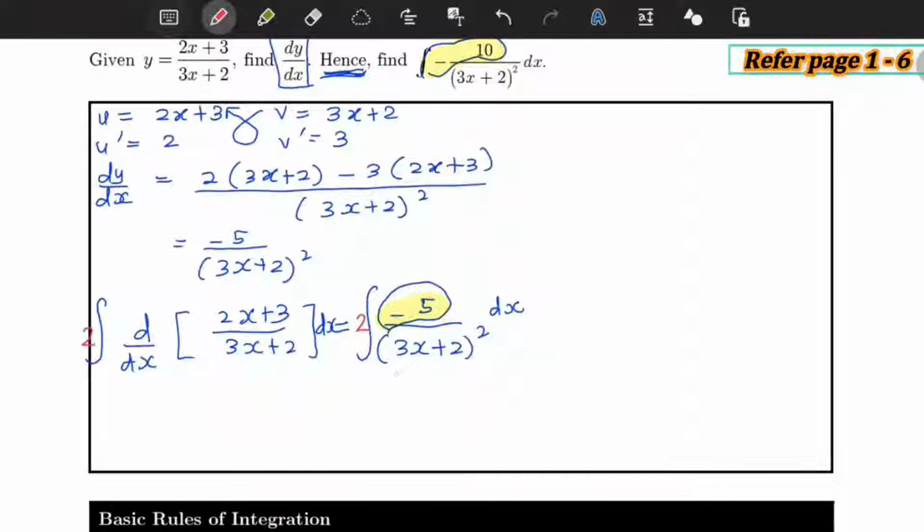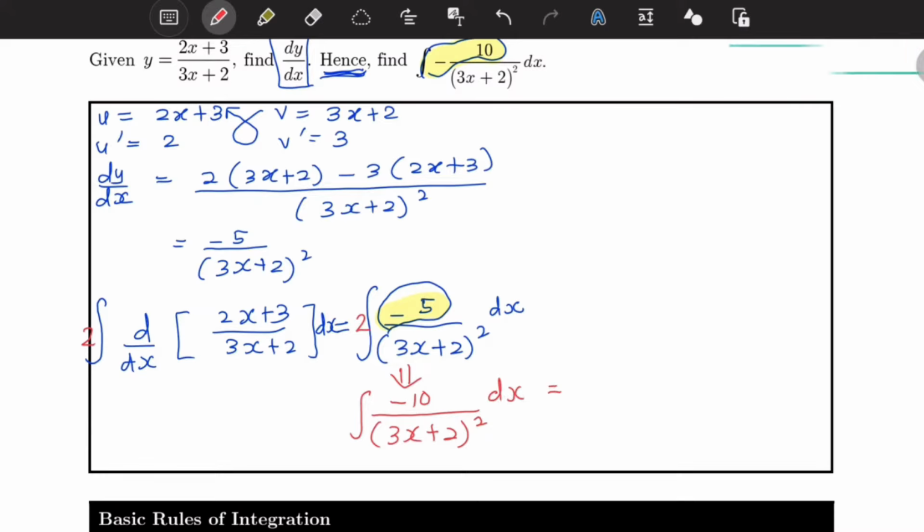Therefore, we get the integral of negative 10 over (3x plus 2) squared dx equal to, look at the term on the left, 2 times the integral of d/dx of this. We know that integration and differentiation are opposite of each other, isn't it?